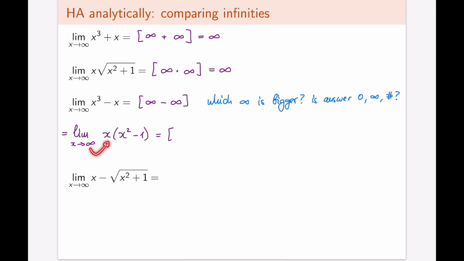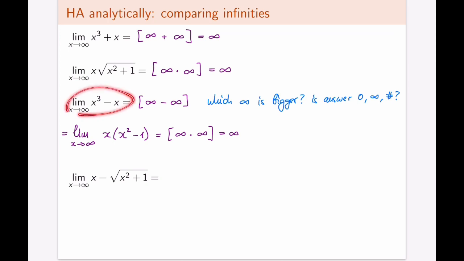Well, if I plug in infinity, I'm going to get infinity times, and then what is this? x approaches infinity, so x squared approaches infinity. Infinity minus 1, well, 1 is just a number. In fact, it's small even by the scale of numbers. So infinity minus 1 is simply infinity. So I'm back in the case of infinity times infinity, which results in approaching infinity.